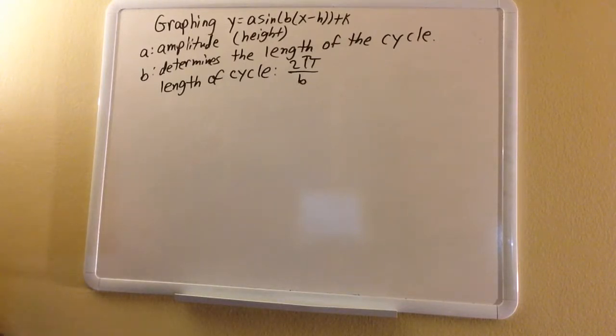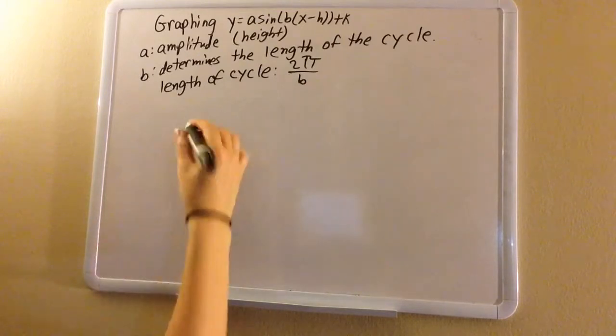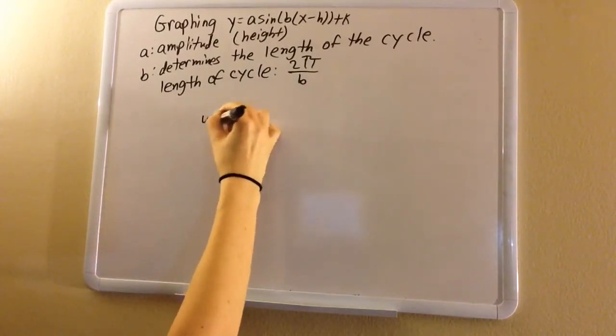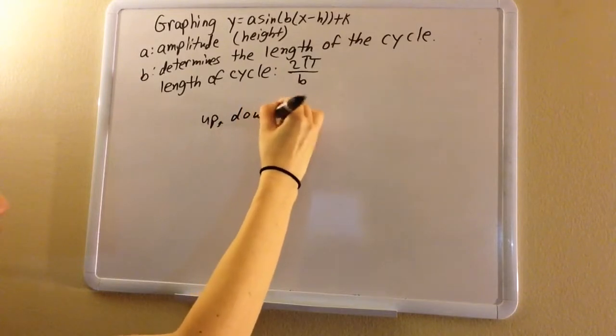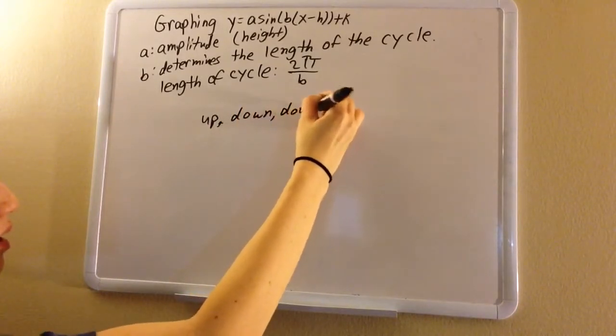Now, you need to divide that up into 4 bits, because that's how everything is divided up. The reason it's divided into 4 is because of the motion of sine. First you go up, then you go down, then you go down, and then you go up.